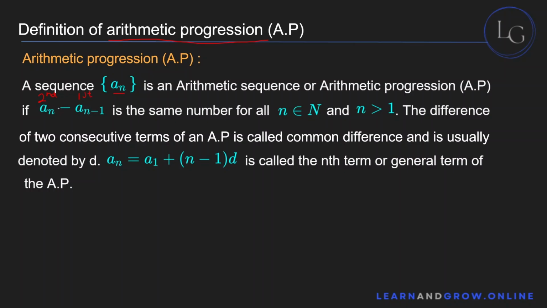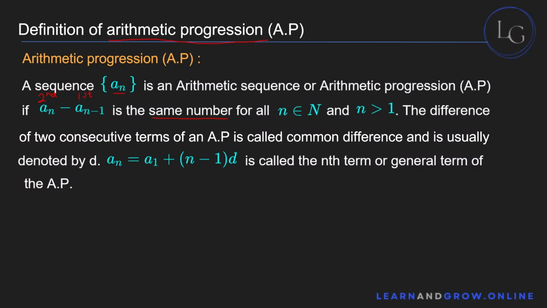The difference between any two consecutive terms, so it can be the third and the fourth term, the fifth and the fourth one, the 16th and the 15th term, the 100th and the 99th term. It can be any two consecutive terms. The difference in the entire progression between two consecutive numbers is the same number. The difference is always the same between two consecutive numbers. That is the most important thing to remember about an arithmetic progression.